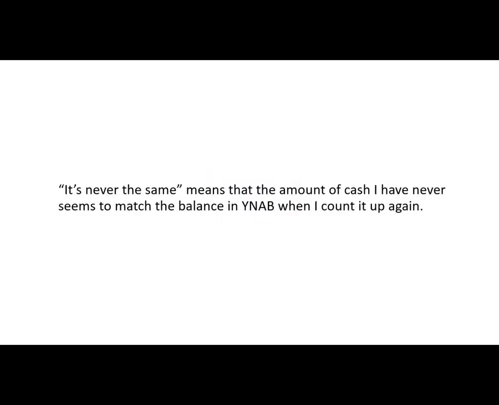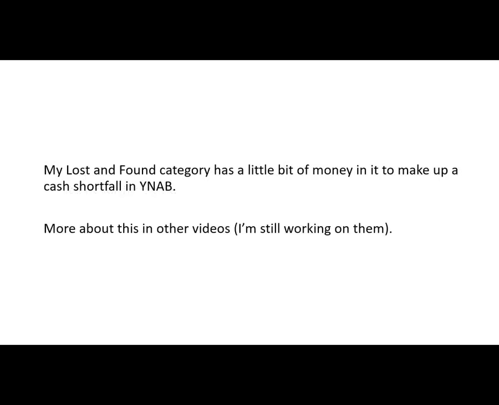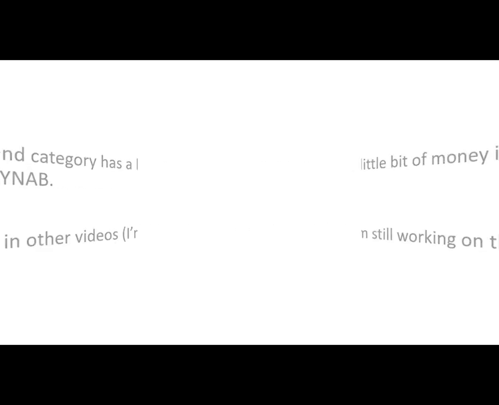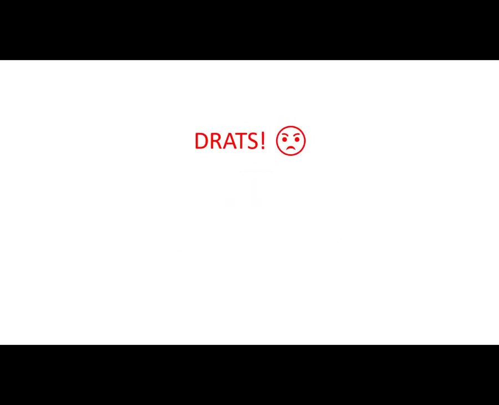So I actually have a lost and found category in YNAB. I talk more about the lost and found category in the foundational course for creating a spending plan and in the video where I talk about reconciling. Sometimes there's a rare occasion that I'll have more cash than I thought I had before, but more often than not, there's less than I had before. So it's just an easy way to account for this disappearing cash.